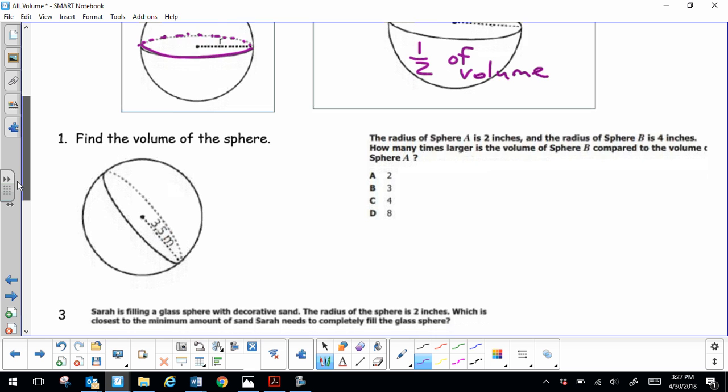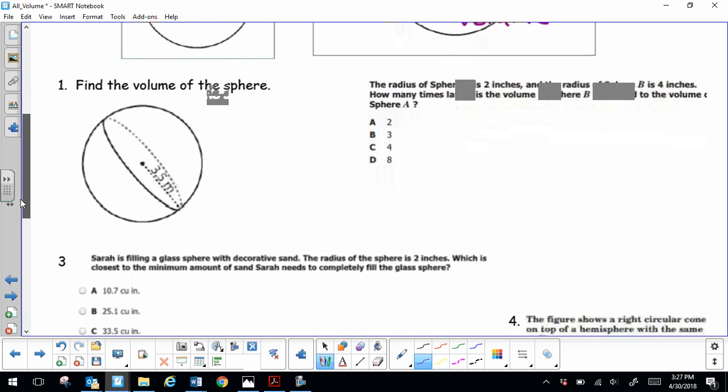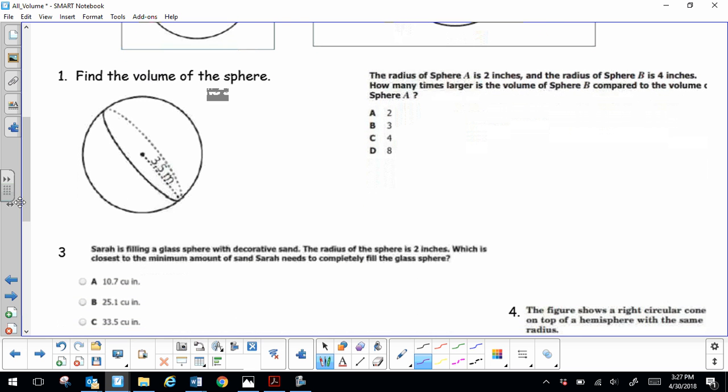So we also have some problems here. This is number 2. In number 1, we pretty much have the dimensions we need. The big takeaway that people make mistakes on for the volume of any sphere is the fact that you need to use a cube situation.